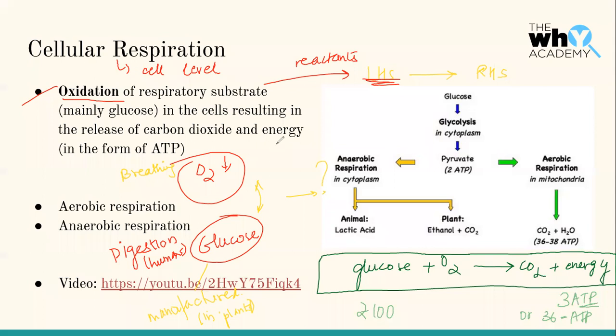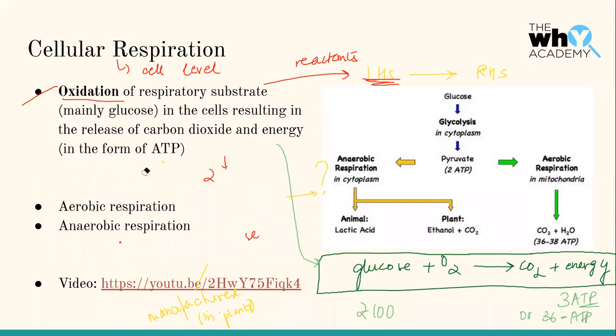So this is our basic process, which is cellular respiration, and we have two types. It can either happen in the presence of oxygen or in the absence of oxygen. The first is called aerobic, which happens in the presence of oxygen, and the second is anaerobic, which happens in the absence of oxygen.